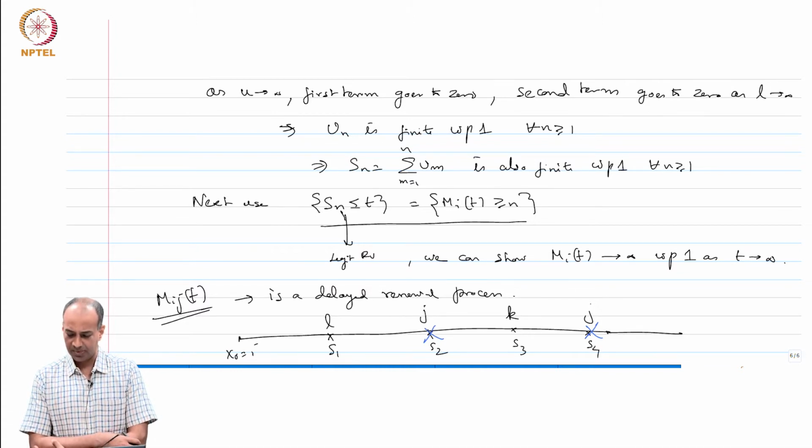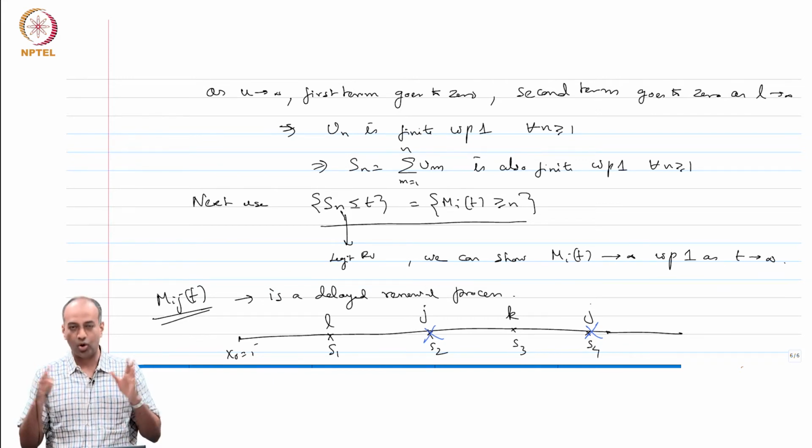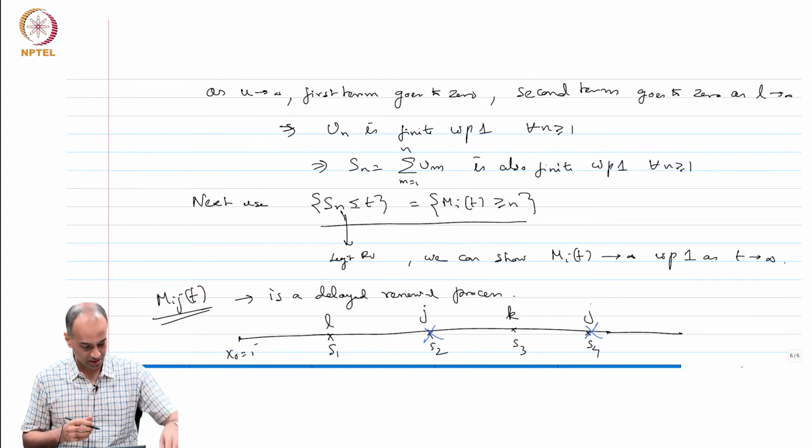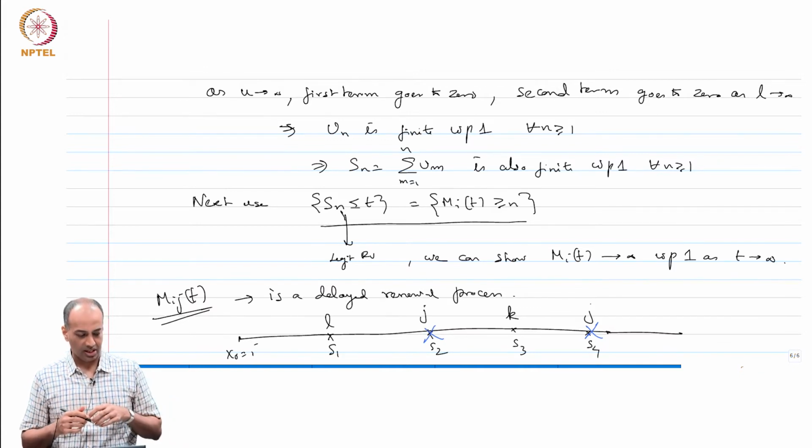In fact, in the embedded DTMC, the successive entries to state j constitute renewal instances, that we already know, and then the holding times are all independent across these successive intervals and dependent only on the current state. Using these two, we can show that Mij of t is indeed a delayed renewal process.